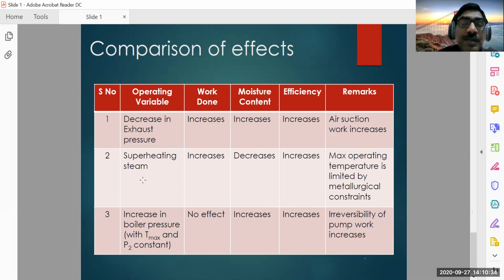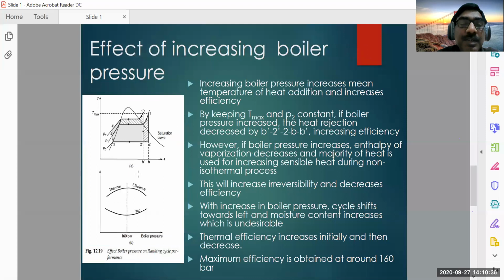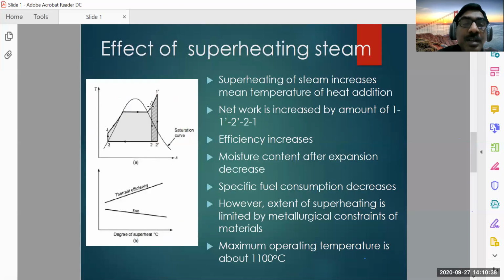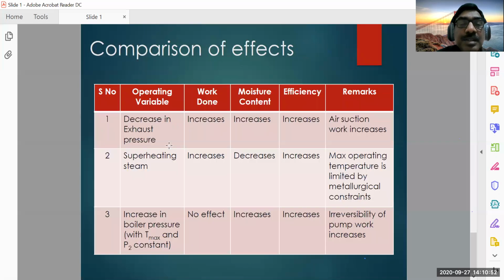And the superheating of the steam. In the superheating of the steam, this is the effect. So this is the original one, 1 to 2 is the original process. And after increasing the superheat steam, 1 dash is the new point. So here the work done is getting increased and also efficiency will get increased.